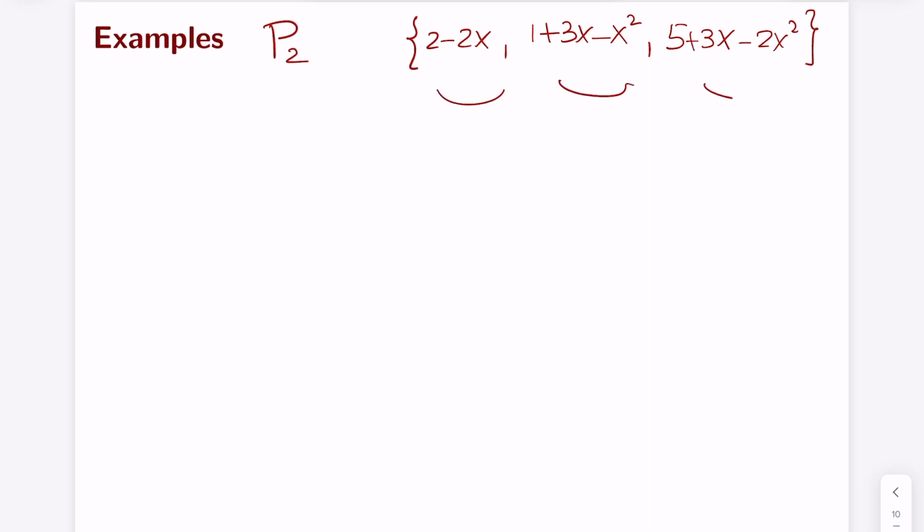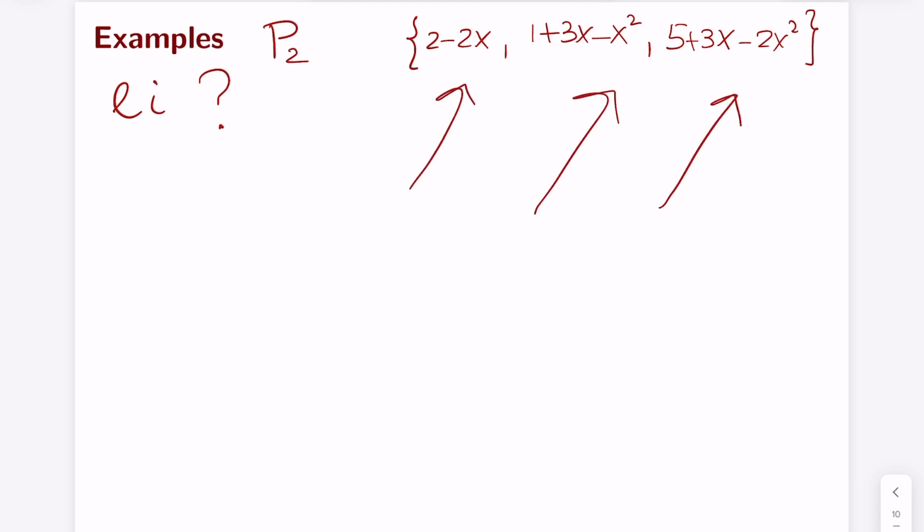So we have here three polynomials that belong to P2, and we want to study if they are linearly independent or not. That's the question. Is this set of vectors linearly independent? And remember that vectors mean now these three polynomials.